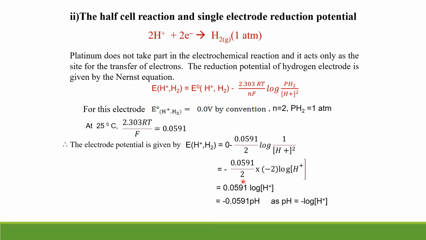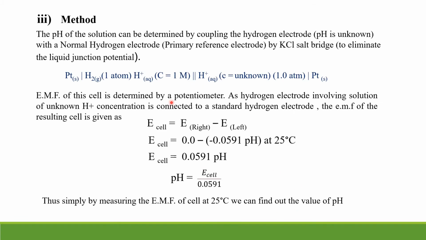Now this 2 will get cancelled, and the equation becomes 0.0591 log of H+ ion concentration. But we know that minus log of H+ ion concentration is equal to pH. So the equation becomes E is equal to minus 0.0591 into pH, as pH is equal to the negative log of hydrogen ion concentration.